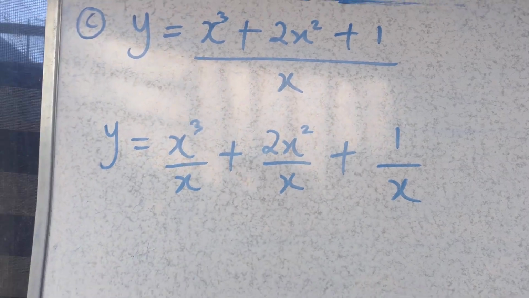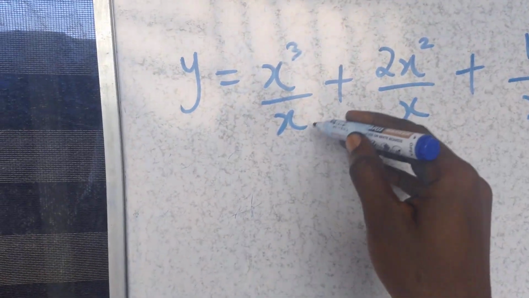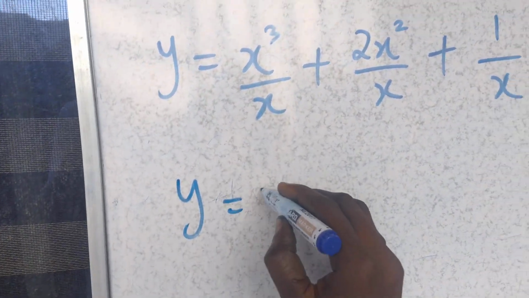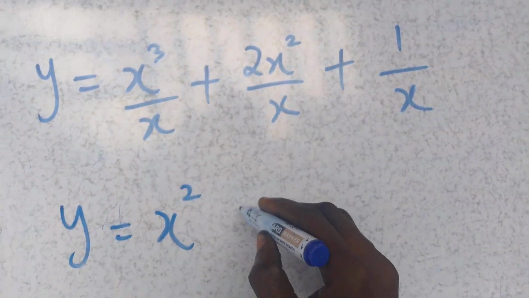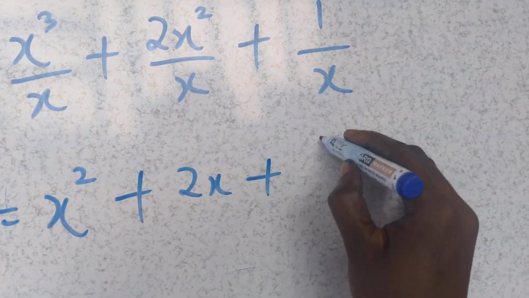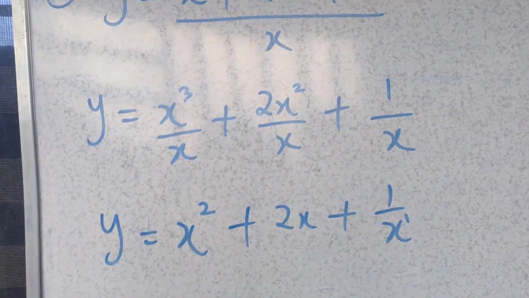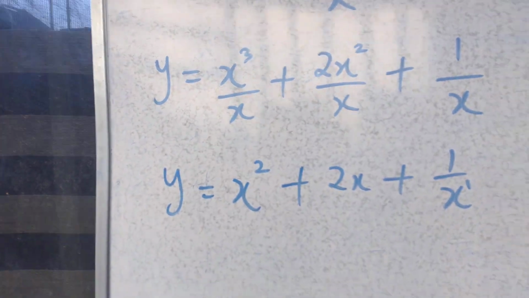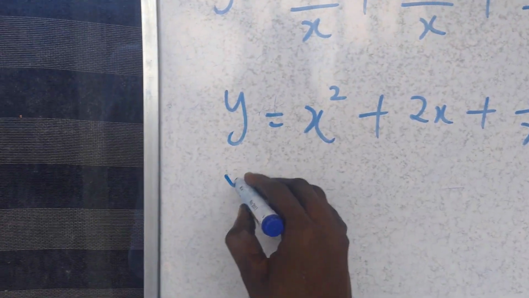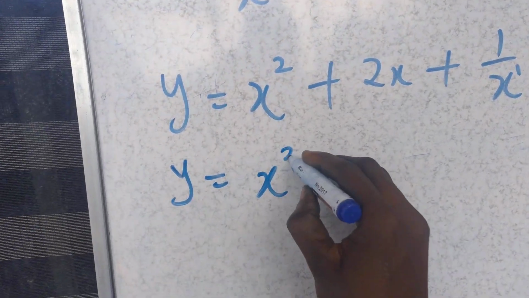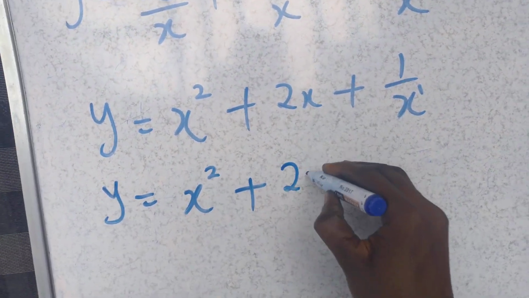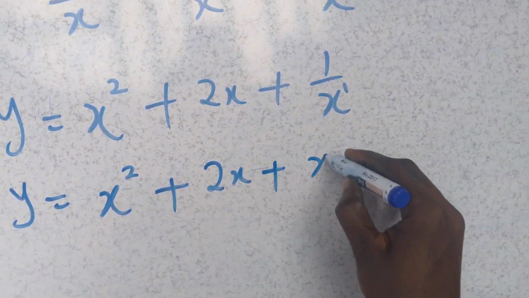And this will give me y equals x raised to power 2 plus 2x plus 1 over x raised to power 1. As this will cancel out 1, then x raised to power 2 will remain.